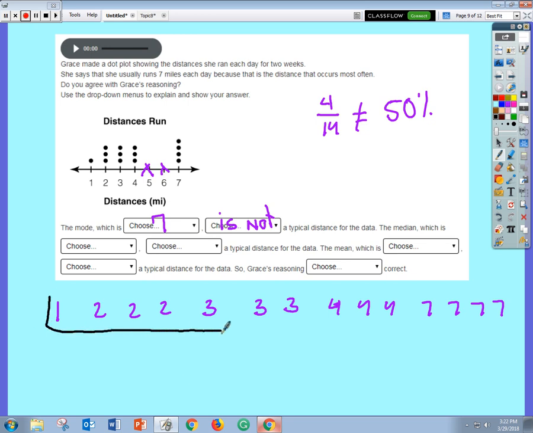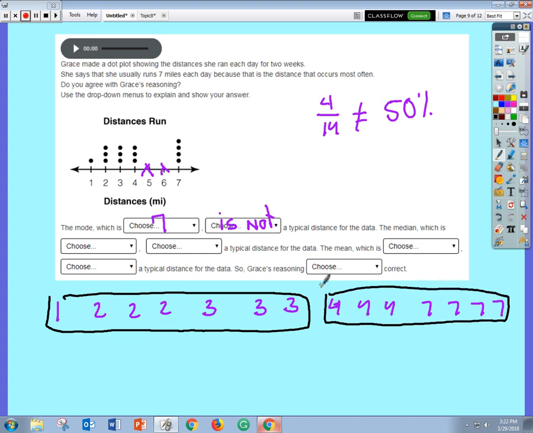There's 1, 2, 3, 4, 5, 6, 7 here. Let's go 7 here. Now the median is that number in the middle. That's going to be 3.5. This is typical data for the data set. If I take a look, we got some tight cluster here, we got tight cluster here, we got a little bit of a gap there. The median would be a good one to use. So this is a good number to use.